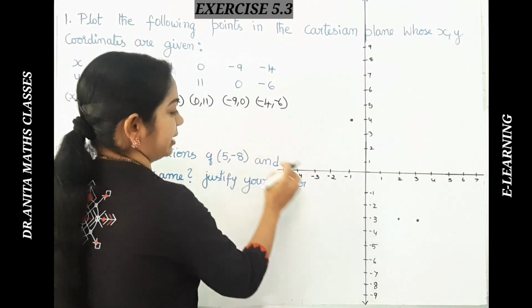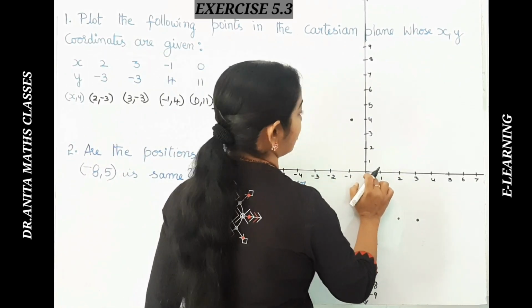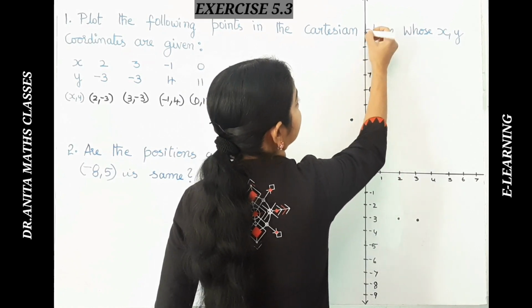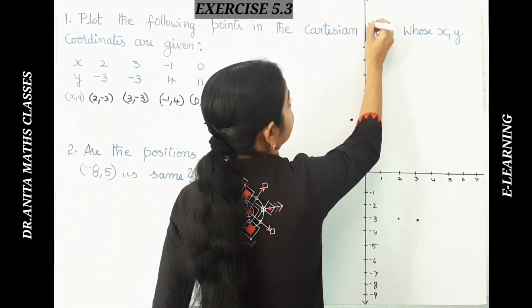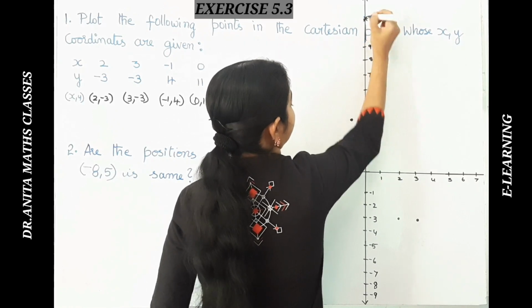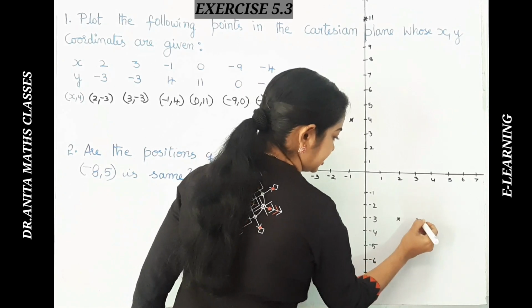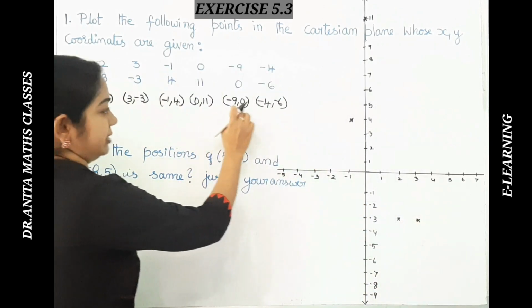Then (0, 11), 0 here. This is the origin. Yes, (0, 11). So here 9, so let us take this as 10 and here as 11. So this is on the y-axis only. Okay, the point I'll keep like this. Then -9.